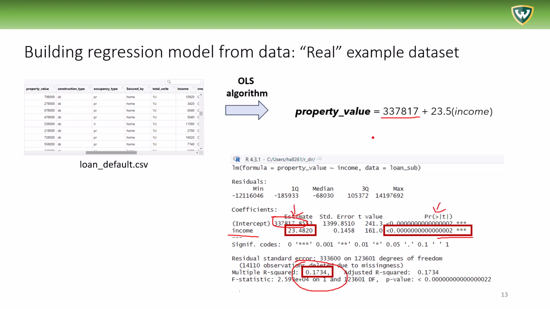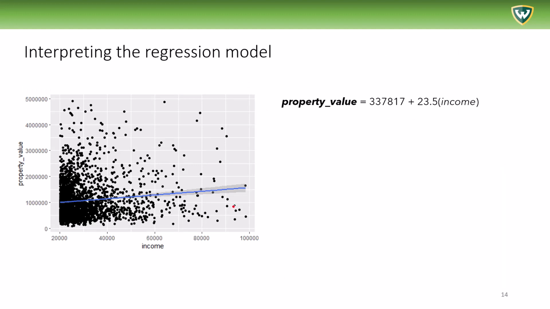We got some results. The results can create an equation like this. And essentially the model itself, this lm model that we built, is this equation plus the details about error. And so we can calculate property values, once again, on average, in general, from every specific income.